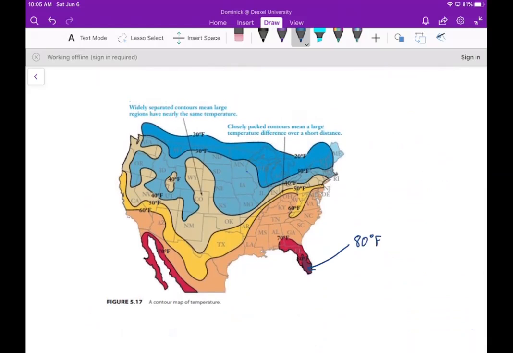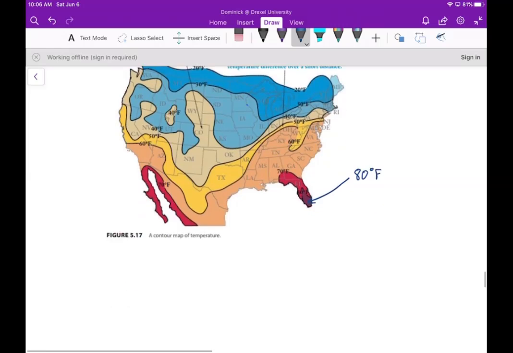All right, so there's the answer to your question. But you can see that you have different temperature regions for appropriate places within the country. All right, so that's the idea here.